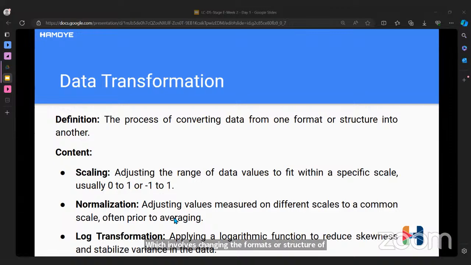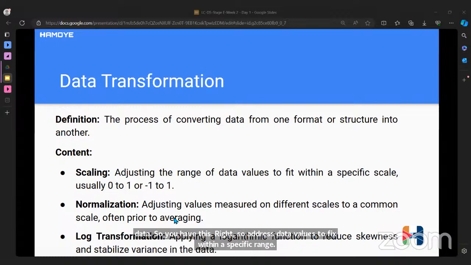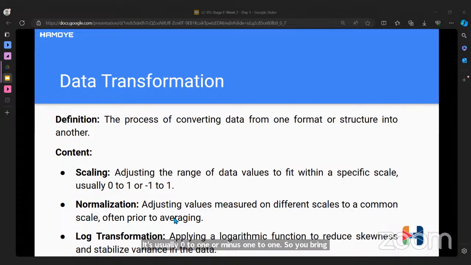So we have scaling, which adjusts data values to fit within a specific range, usually 0 to 1 or -1 to 1. So you bring it to a particular scale. Normalization adjusts values measured on different scales to a common scale.